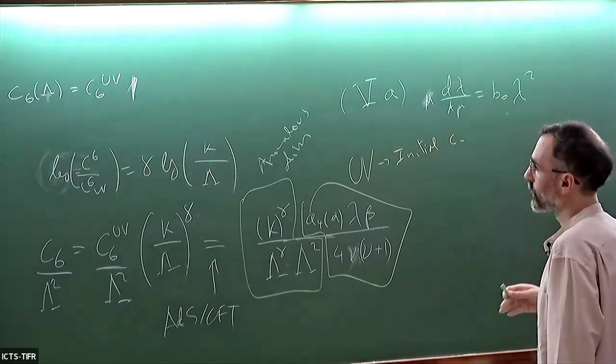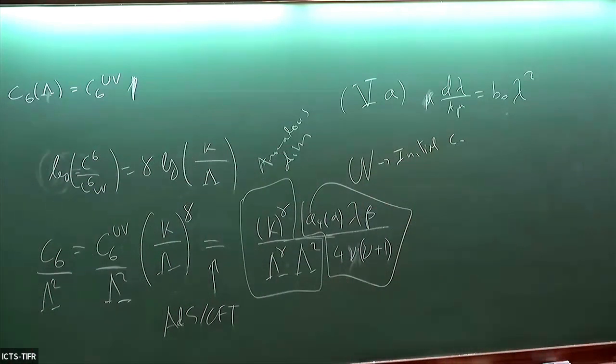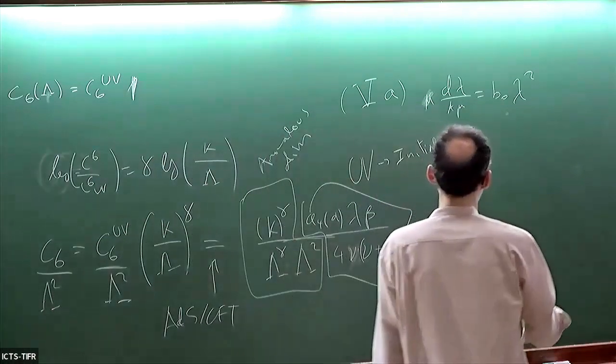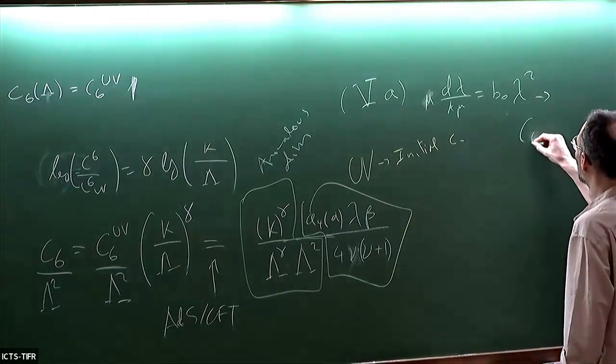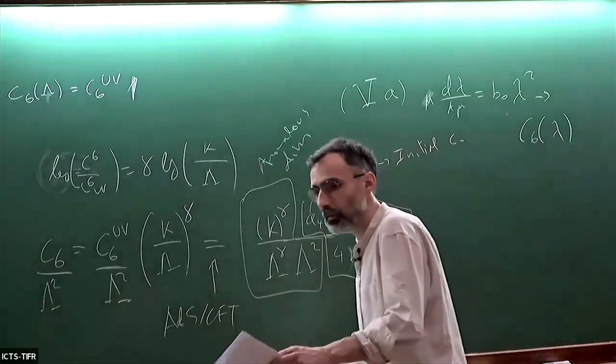So I ask you in the notes to take the same RG and change variables with the chain rule from mu to lambda, and then you can solve C6 as a function of lambda, at both the UV and the IR scales.